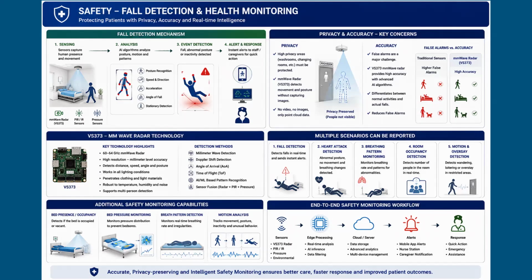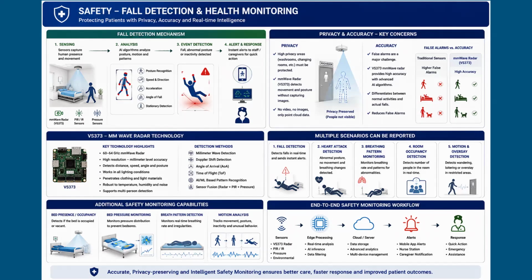A key highlight of these sensors is that they work on 60 to 64 gigahertz radar, providing millimeter level resolution accuracy. They can detect distance, speed, angle, and posture, and work in all lighting conditions, including dim light and no light. They are also very robust to temperature, humidity, and noise.